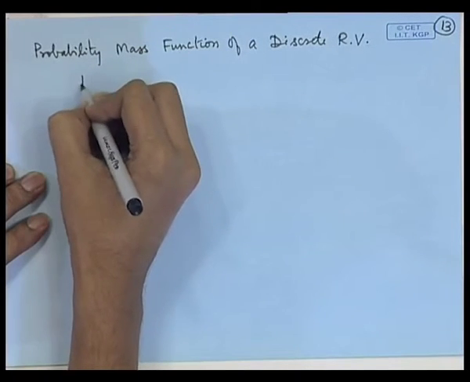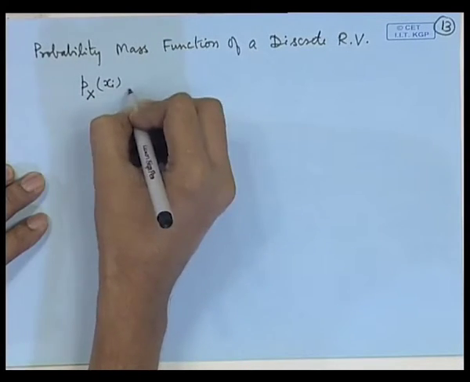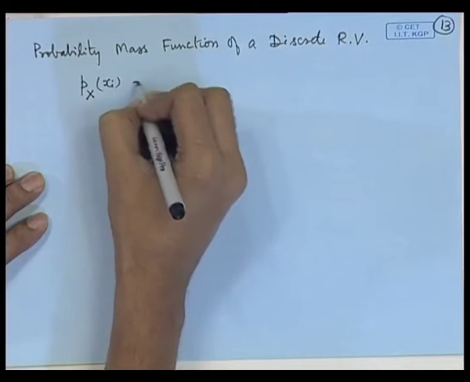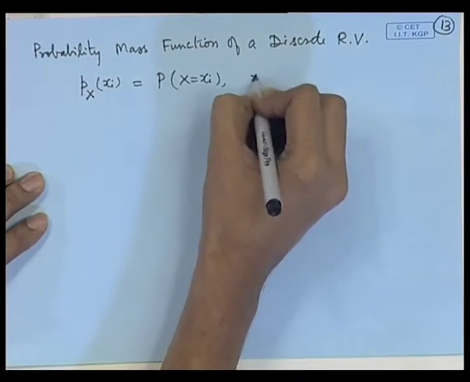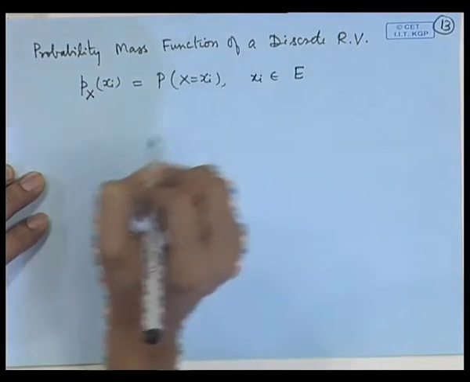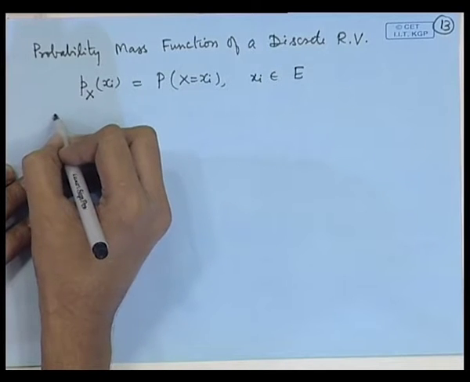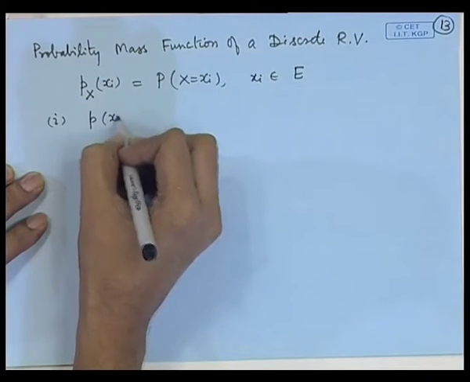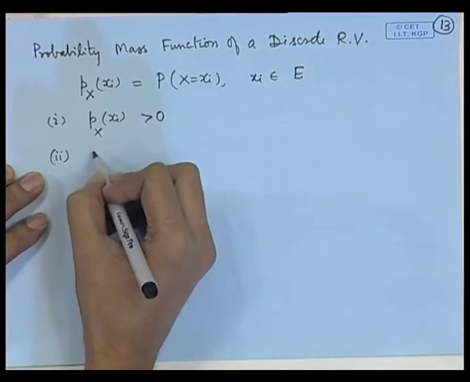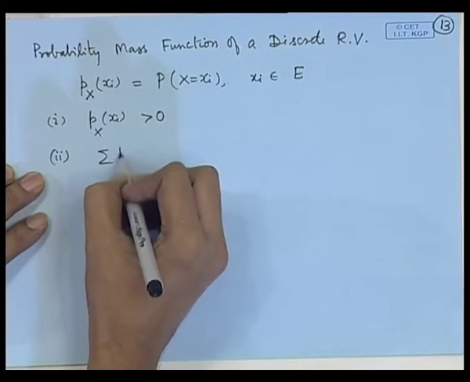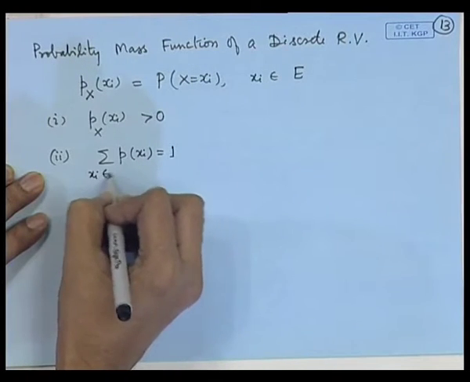It is defined by a mass function p_X(x_i) = probability of X equal to x_i for x_i belonging to the countable set E. So, we must have p(x_i) strictly positive and the sum of p(x_i) equal to 1 for x_i belonging to E.